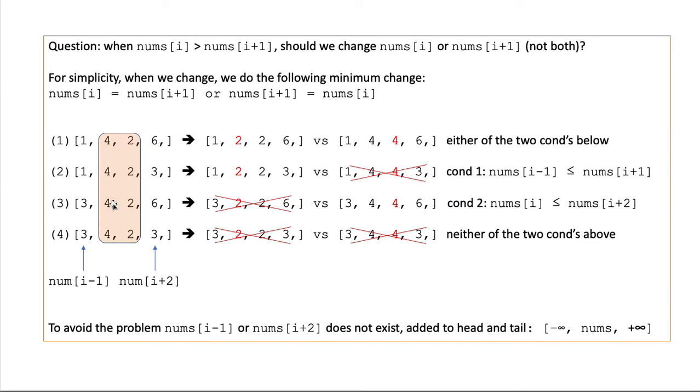In this condition, we may change nums[i+1] to be the same as nums[i] and still maintain a non-decreasing order. And to mitigate the problem when nums[i-1] or nums[i+2] does not exist, we add negative infinity to the head and positive infinity to the tail.